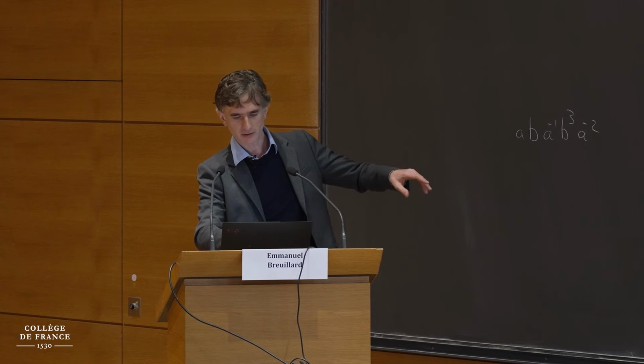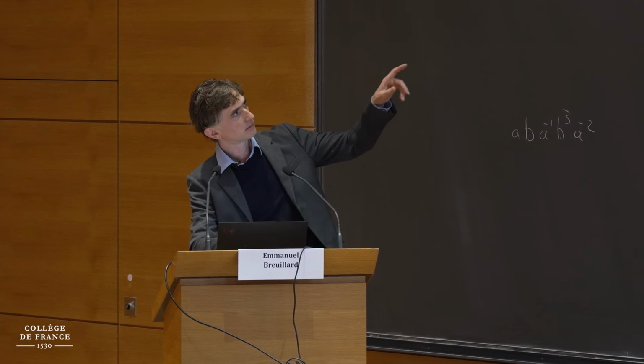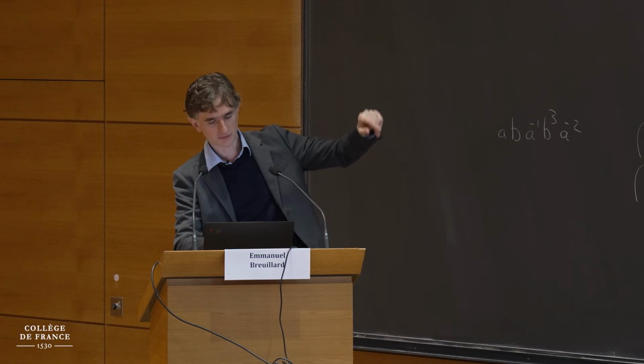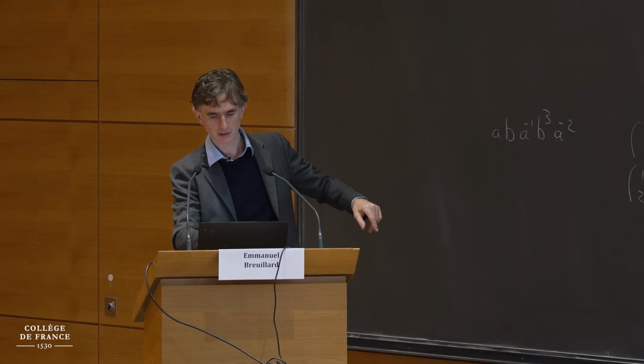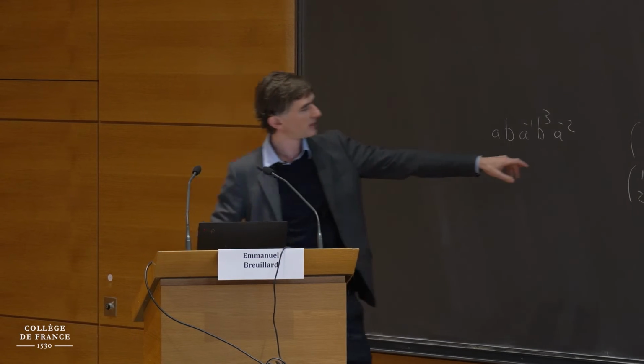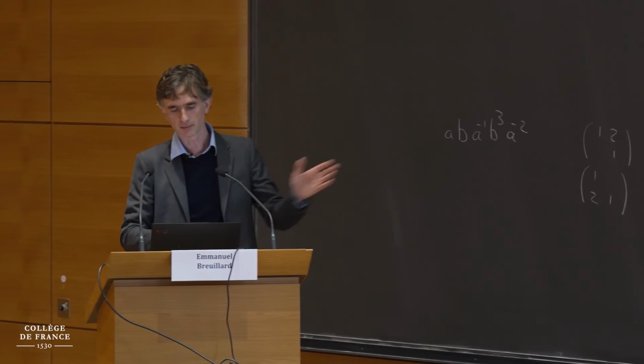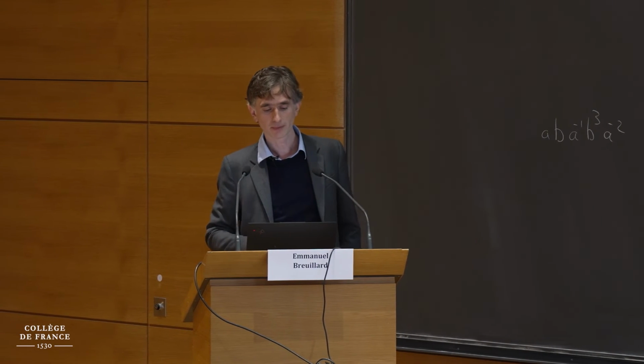So Q bigger than 4 works because you can conjugate so that B has the same entry. If you can conjugate the matrix so that the entry here and the entry there are the same, then it becomes bigger than 2. So when Q is bigger than 4, then it's a free group.